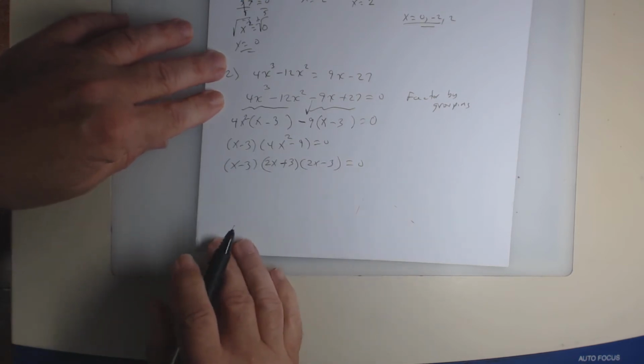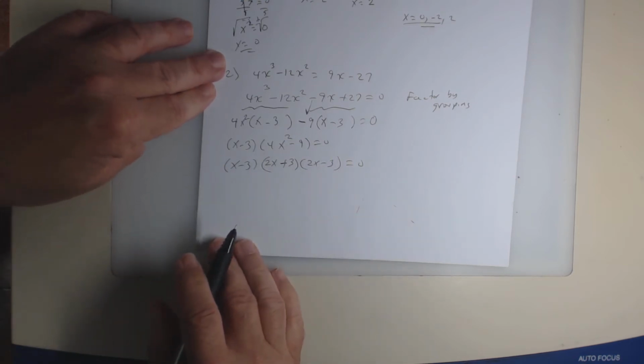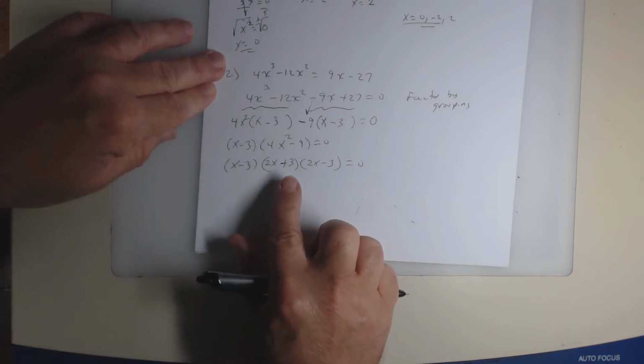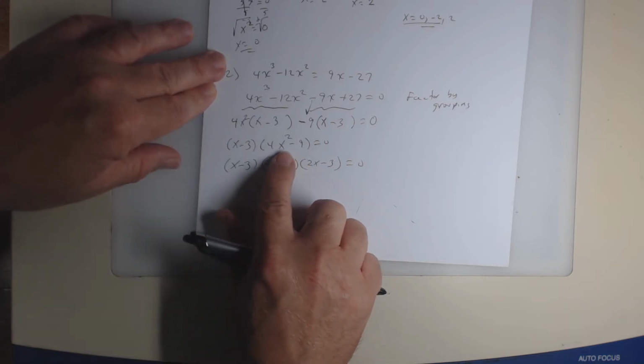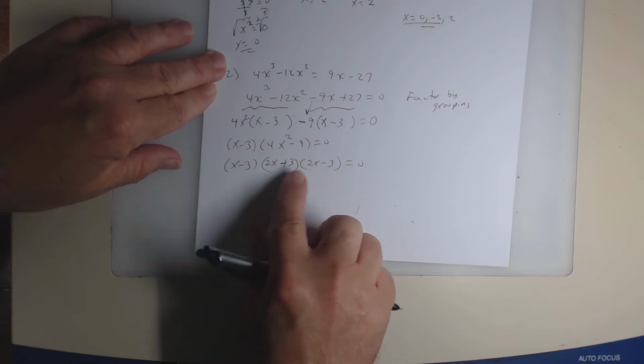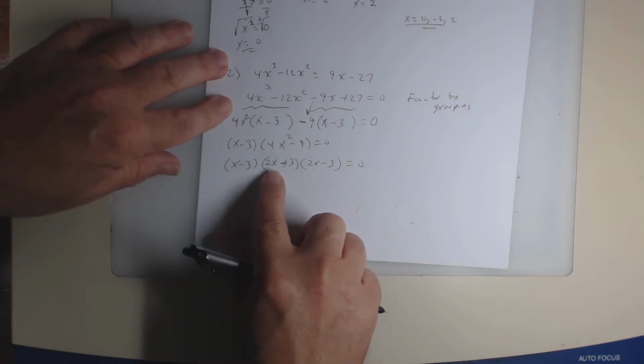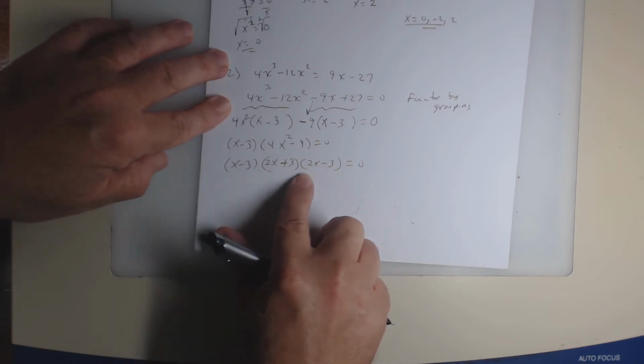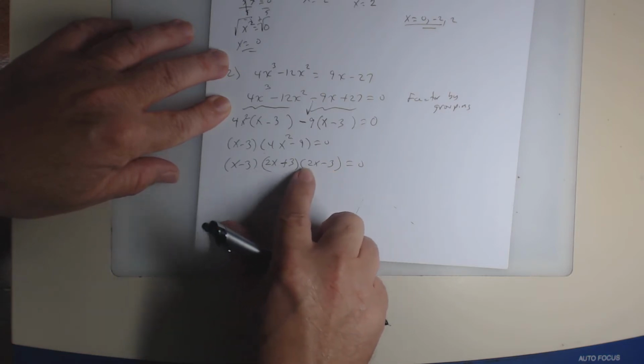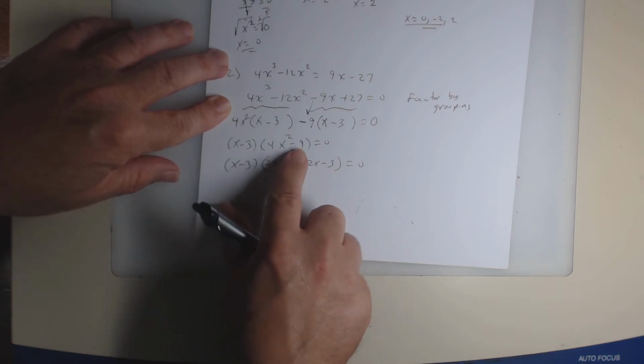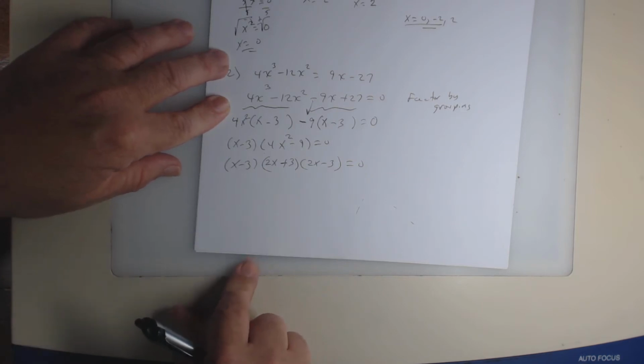So difference of 2 squares. And you can always check yourself. 2x times 2x is what? 4x squared. A negative 3 times a positive 3 is a what? Negative 9. When I do the outer and the inner, they cancel out, and that's what you wanted. You see there's no x term here.